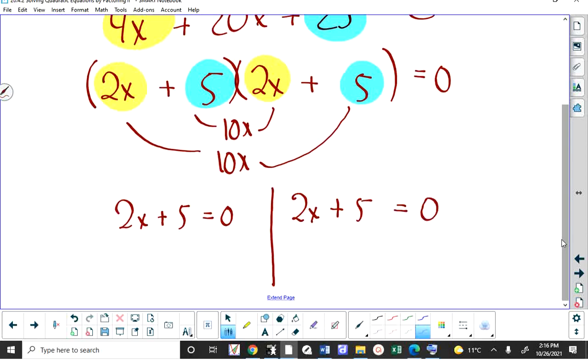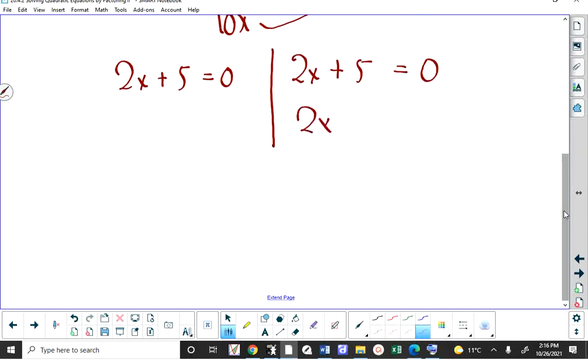And this is going to correspond, Ariana, to if I graphed the corresponding function, it would be 1 x-intercept. The graph would come down and just touch the x-axis at negative 2.5, which is negative 5 over 2.